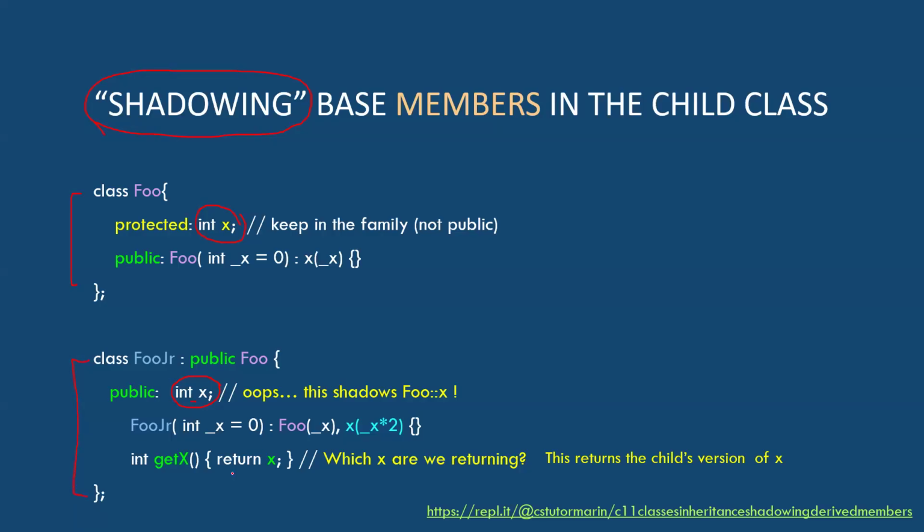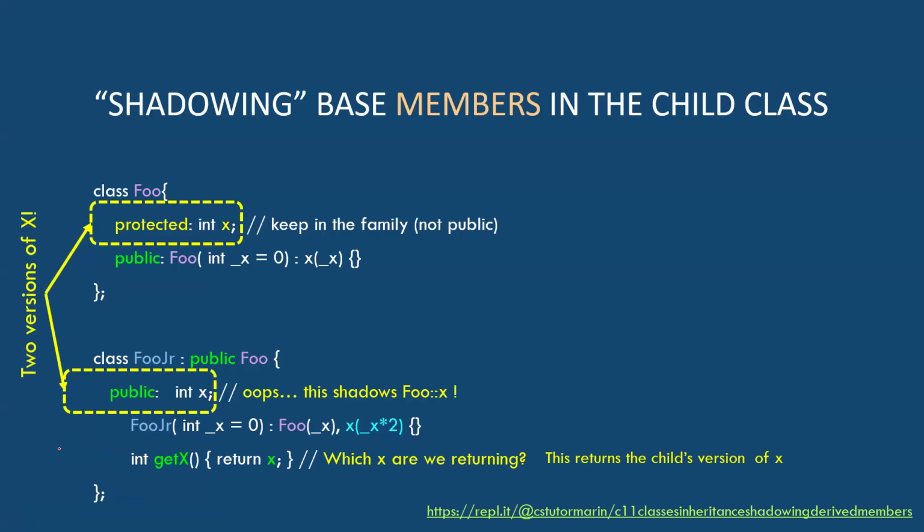And so when we do a return X, which one are we talking about here? C++ typically works local first. So it's going to be returning this one right here, which may not be what you intended. A lot of people accidentally shadow their base class members, and we don't really normally want to do that. That's not really something that makes a lot of sense on the surface, not for data members anyway.